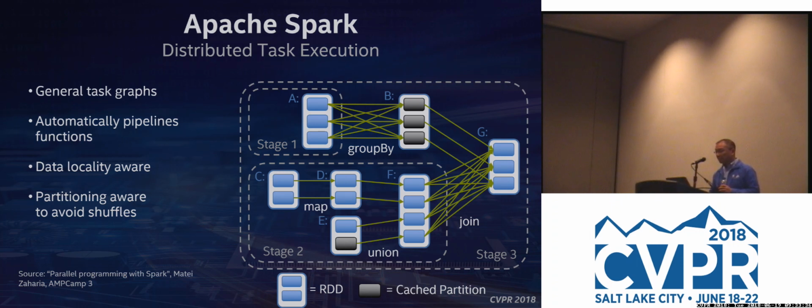But some operations, for instance group by or join, are more expensive because you need to repartition or shuffle your data across the network to perform group by or join operations. Depending on what operations you have, the computing graph can be divided into different stages. In this case, you have 3 stages.